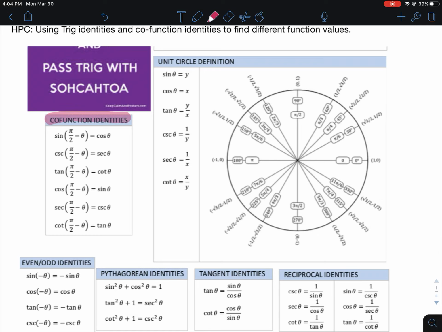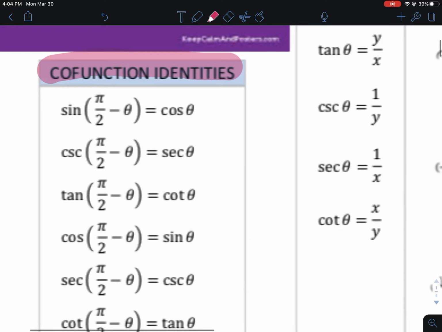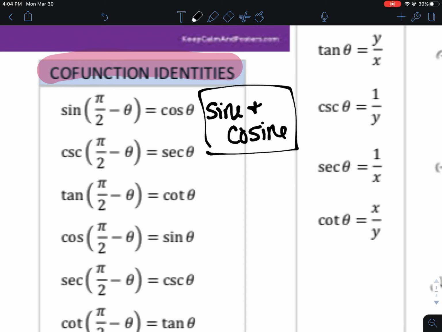But if you look here, we have something called cofunction identities. So cofunctions, these are all your trig functions, are the ones that sound like they should go together with the word co. So for example, sine and cosine are cofunctions.